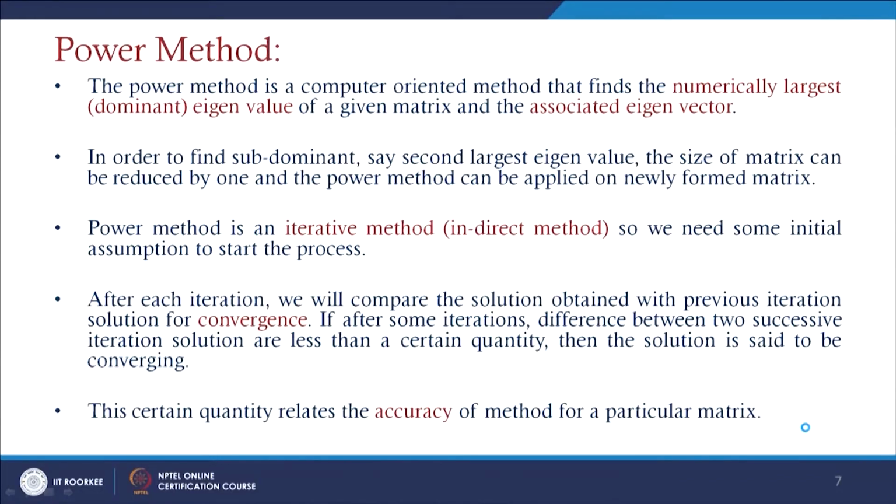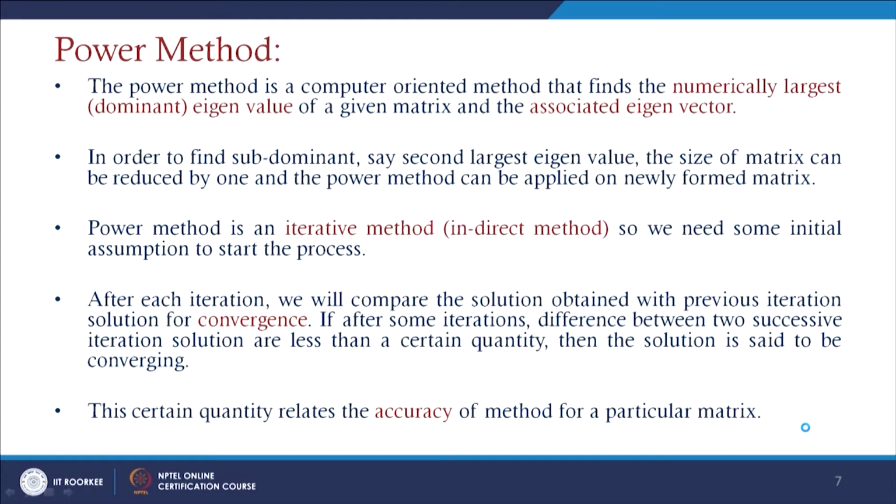In order to find the subdominant, that is, the second largest eigenvalue, the size of the matrix can be reduced by 1 and the power method can be applied on the newly formed matrix. The power method is an iterative method, and also a costly one, and we need an initial assumption to start the process.